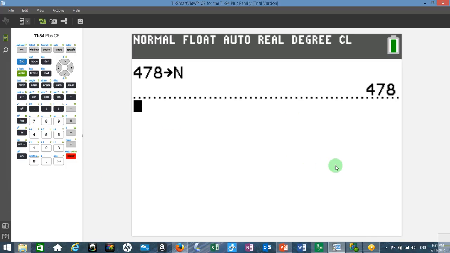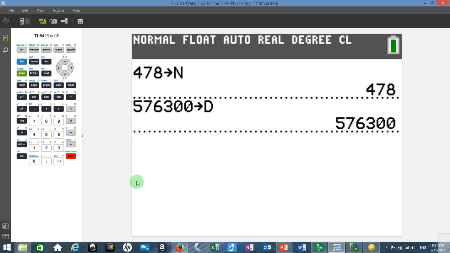Now that 478 is going to stay in that N slot until you change it, until you override it with another number. And let's say you have 576,300 in the denominator. And you're going to say stow alpha D for denominator.